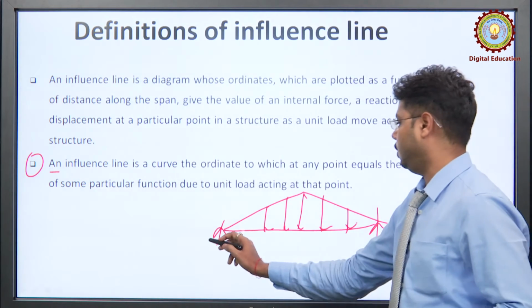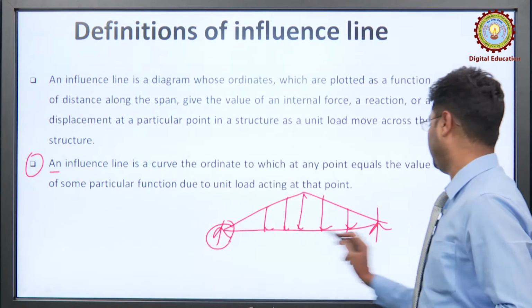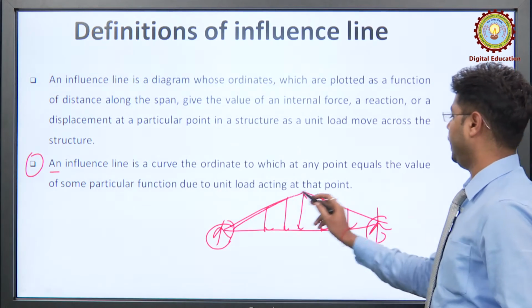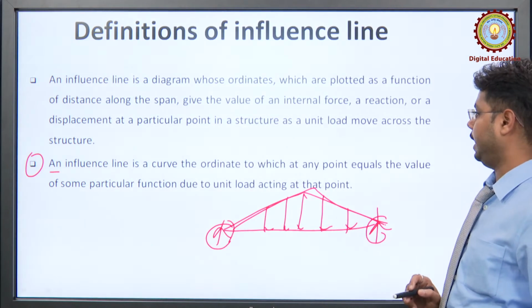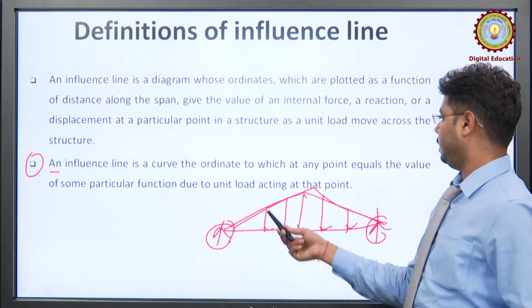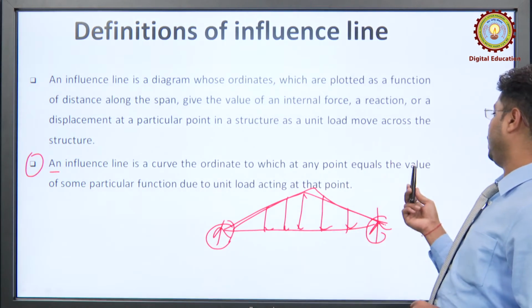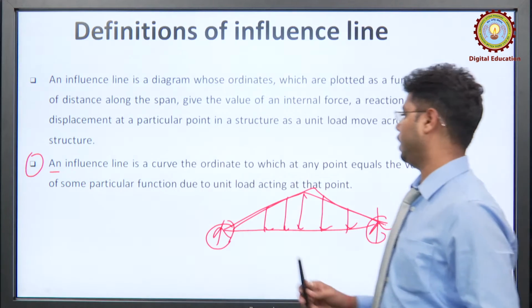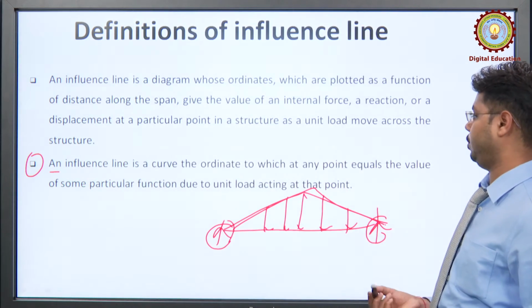For example, this is the beam given to us and the influence line diagram is here like that.